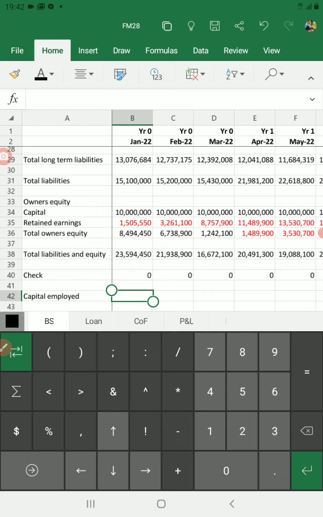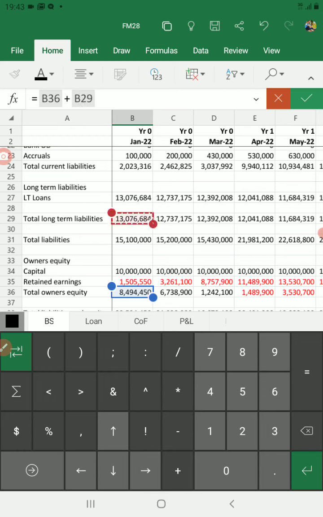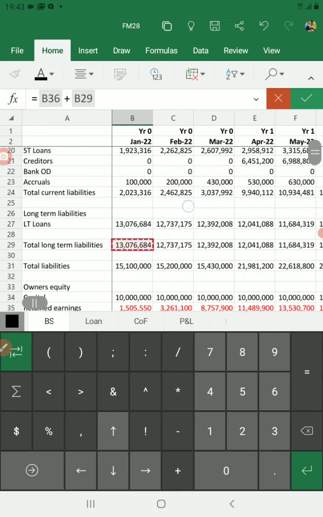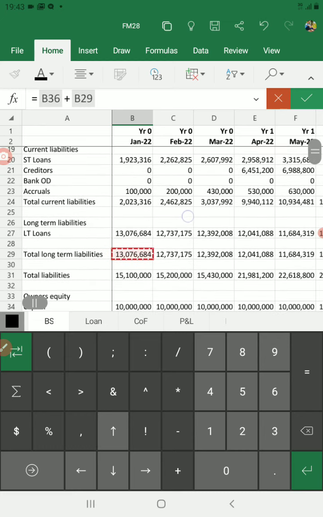So capital employed is going to be, start with equal sign, take owner's equity plus total debt. We have long-term debt here, but we also have the current portion of the long-term debt, which is classified in current liability, so we are going to add it there.